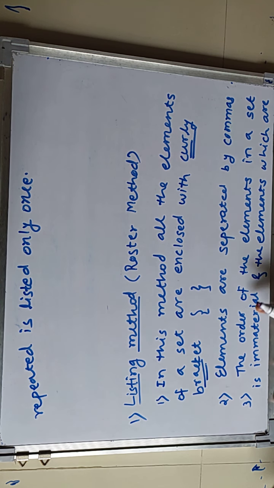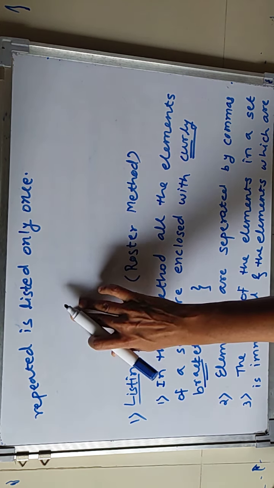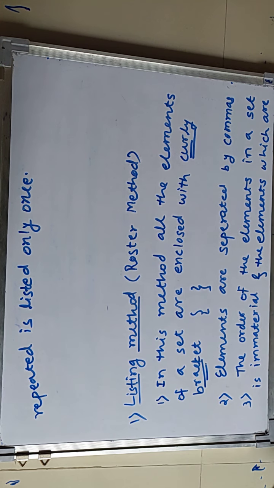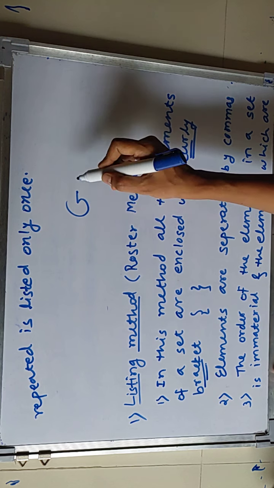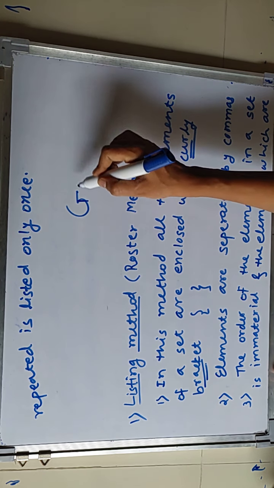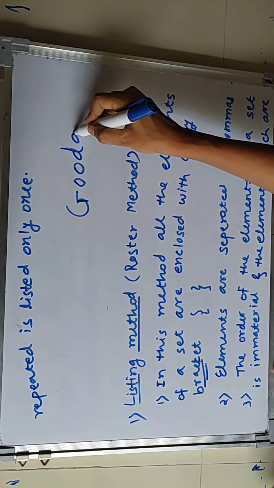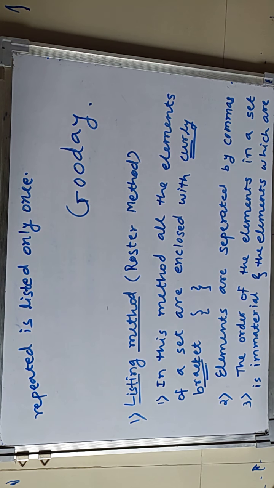Then third, the order of the elements in a set is immaterial, means order can be anything. And the elements which are repeated are listed only once, means suppose here I am giving "good day", it is a word, then you have to write it in the form of a set.